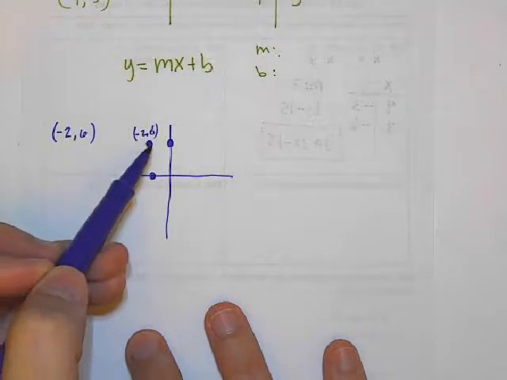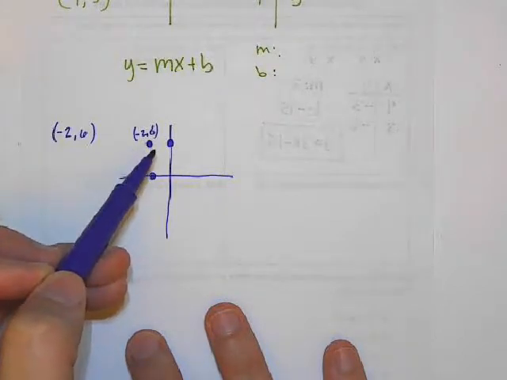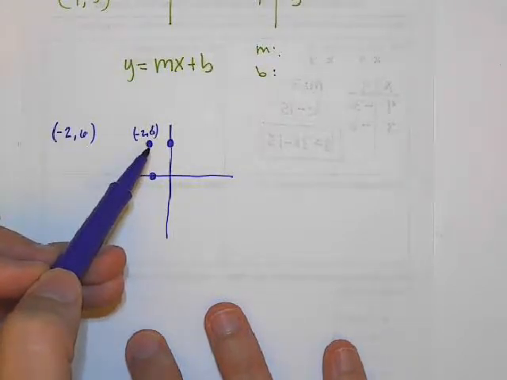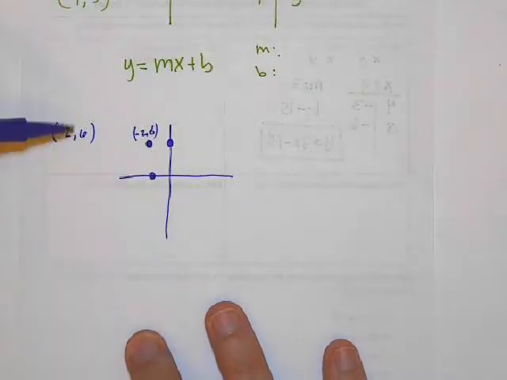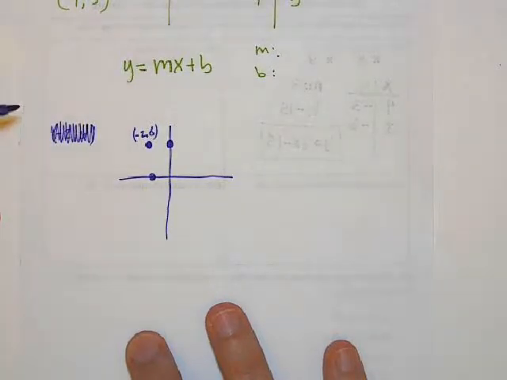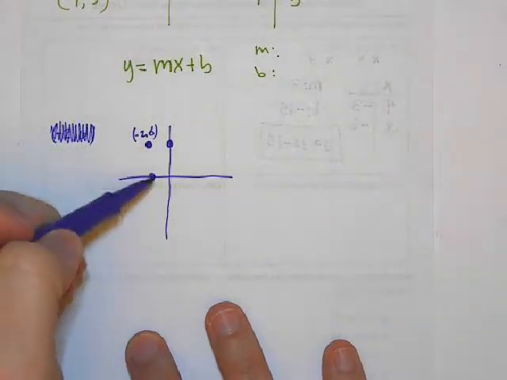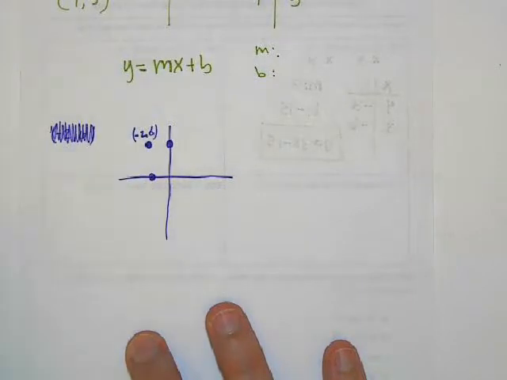Is that an x or a y-intercept? No, it's neither. It's a random point. So this is not my ordered pair. That's not what I want, because that is not an x or a y-intercept. It's just a point. Okay?